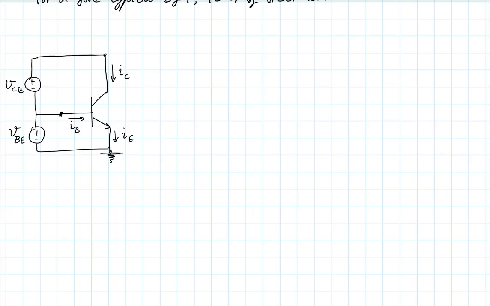Particularly interesting is the behavior of the collector current as a function of these two voltages. And because we have three nodes for this device, one voltage is not sufficient to describe it fully. We have to have two voltages. Do I need a third voltage, by the way, VCE? Do I need a third voltage source there? No, because VCE is simply VCB plus VBE, right?